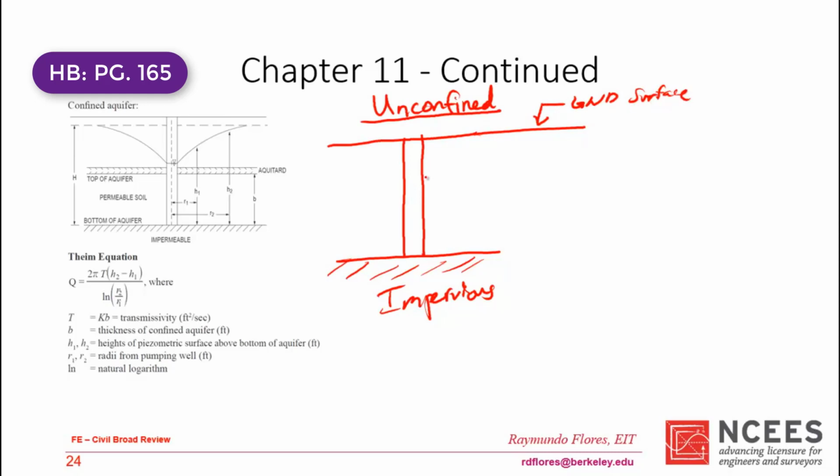And in the unconfined case, basically when you put the steel in, it goes from leveling off where the water table should just be level, to making some kind of curve like this, right?